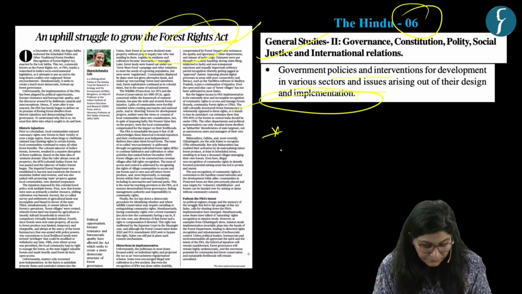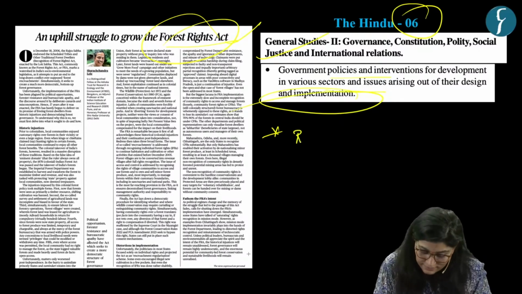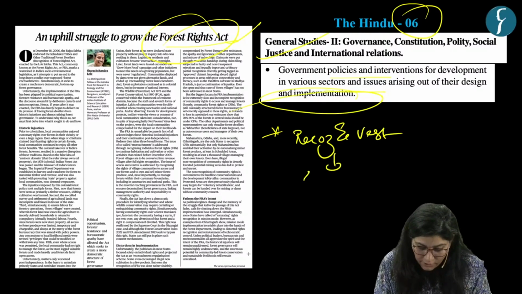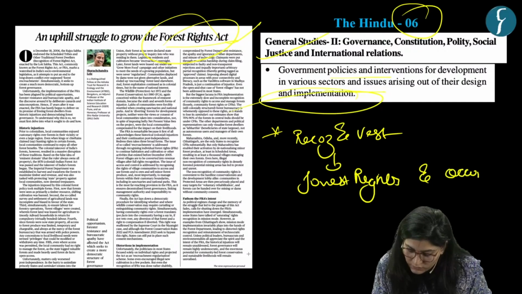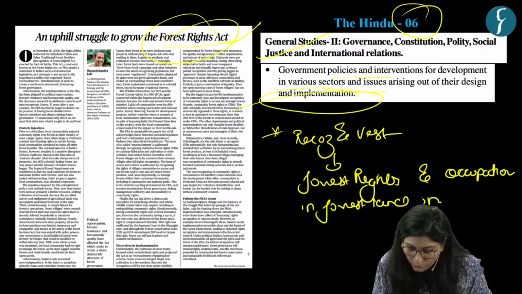So this act recognizes and vests forest rights and occupation in forest land in whom?